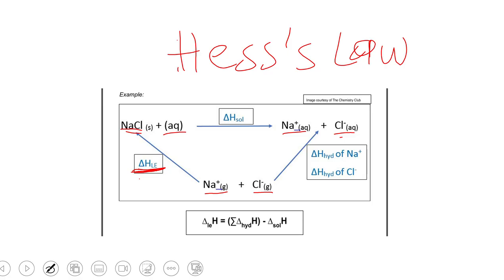And from the gaseous ions to the ions in their aqueous state, that's the hydration of the ions. So you can use this formula to calculate either the enthalpy of solution or the enthalpy of lattice formation, and also the enthalpy of hydration of the individual ions, since you add both of them to get the total value of hydration. So this is the formula.